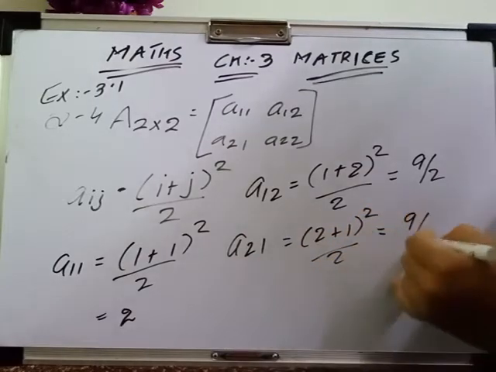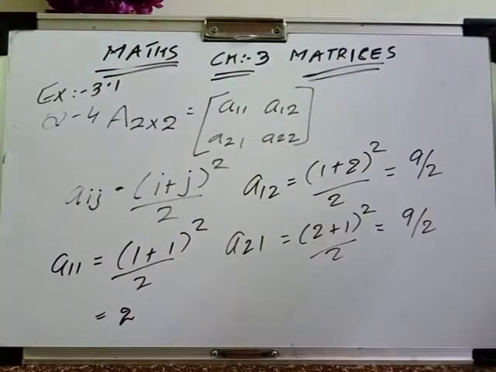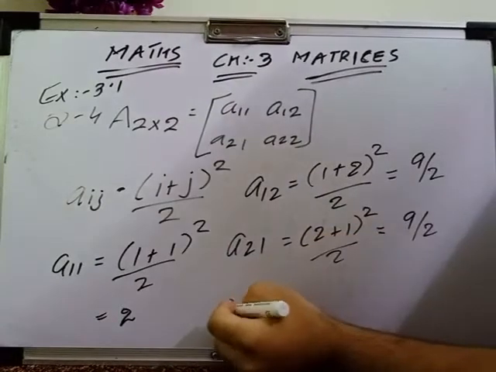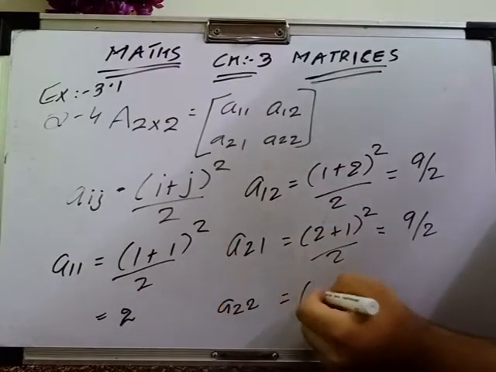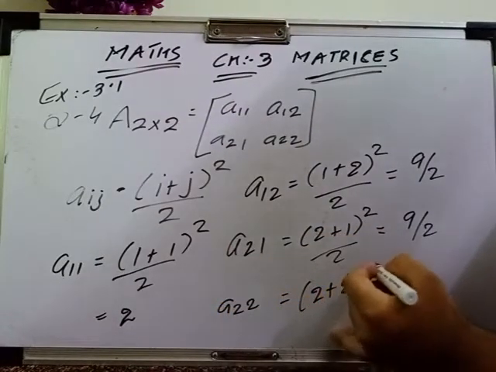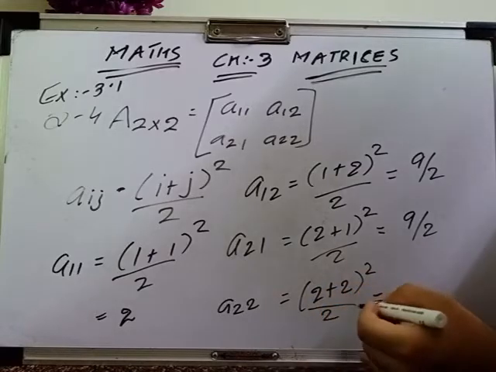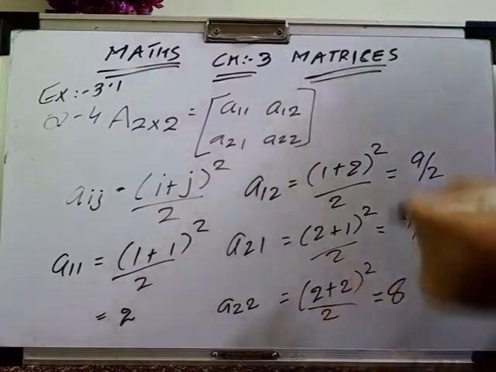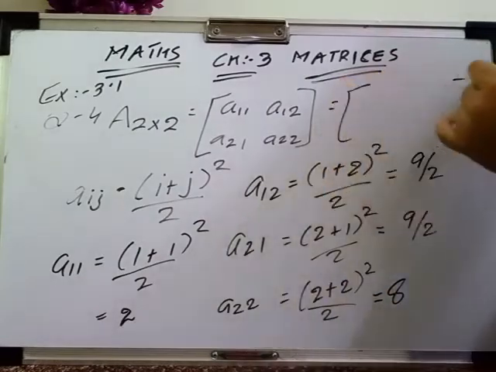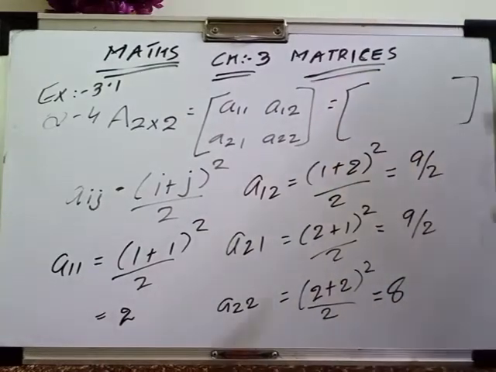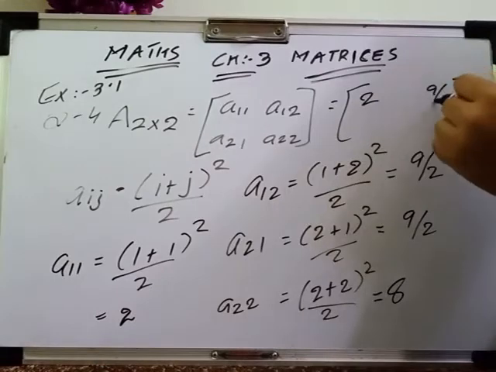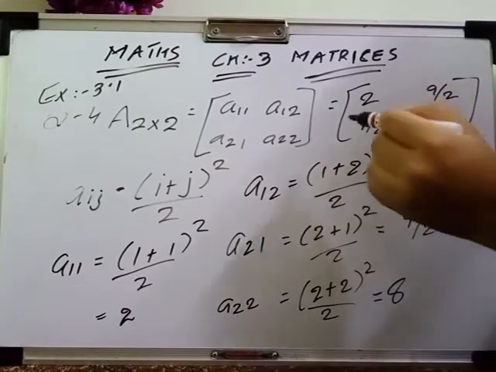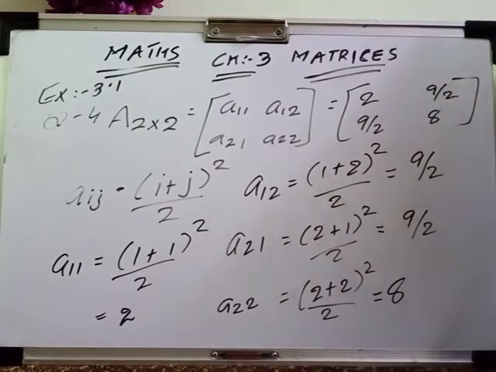I will again have 9 by 2. And A22 will take i as 2, j as 2. So we'll have 2 plus 2, 4 squared, 16 by 2, 8. So the matrix form is 2, 9 by 2, 9 by 2, 8.